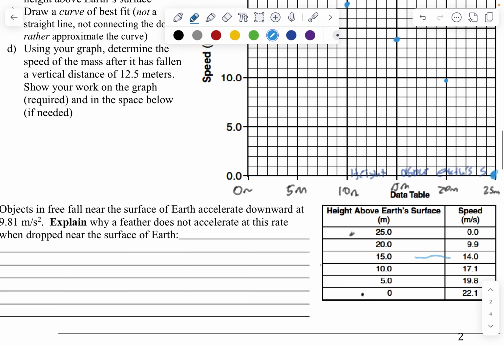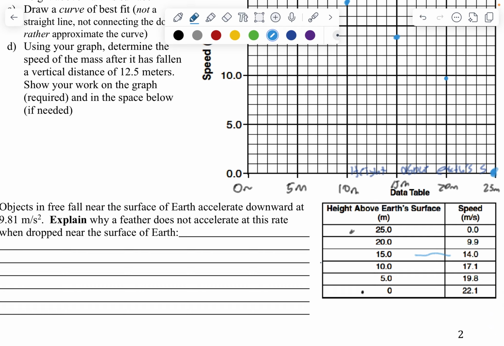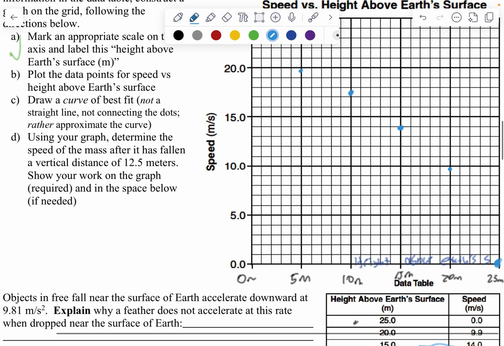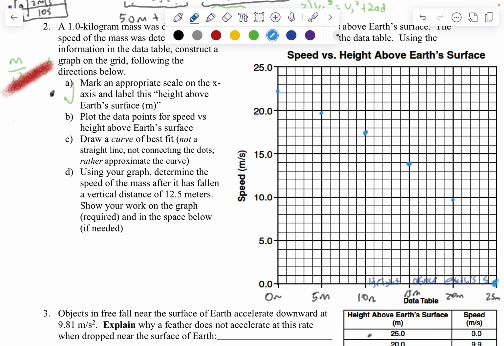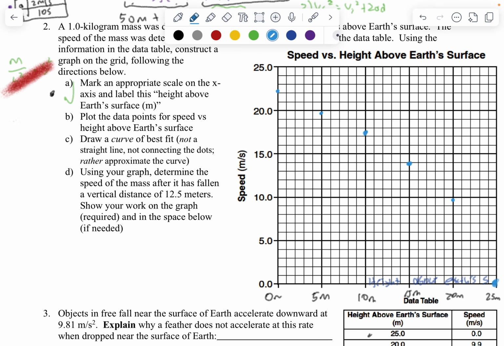And then, what's the velocity like we just covered? At 0 meters above Earth's surface, the velocity is 22.1 meters per second. Great, so we just graphed all of them. You see the trend that we will now graph, but we're going to graph it using a curve of best fit, which is what the next step tells us to do.